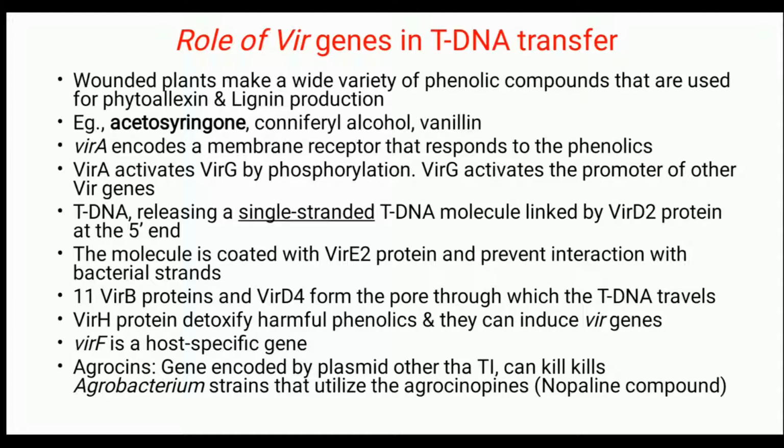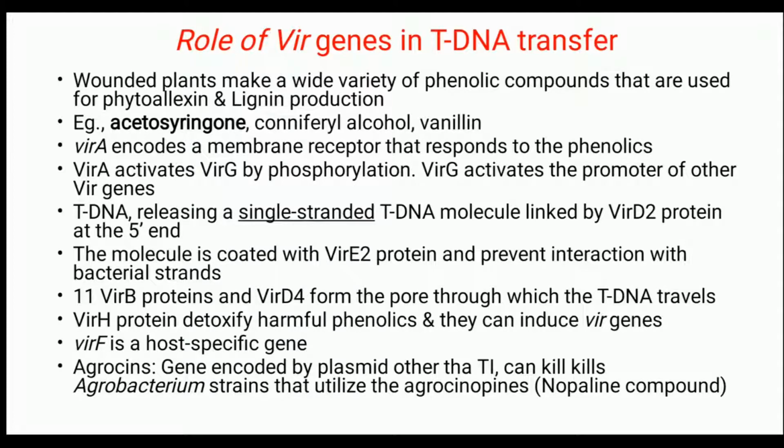by phosphorylation. This VirA and VirG activation results in single-stranded T-DNA molecules linked by the VirD2 protein at the end, and another protein, VirE2, fully coats the T-DNA and prevents it from interaction with bacterial DNA strands. Then eleven VirB protein molecules are produced in the Agrobacterium and VirD4 protein helps to form the pores and direct the T-DNA from the Agrobacterium into the plant cells.